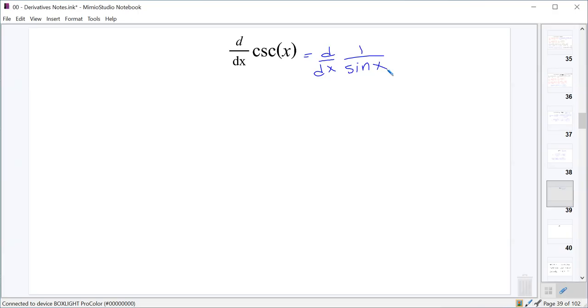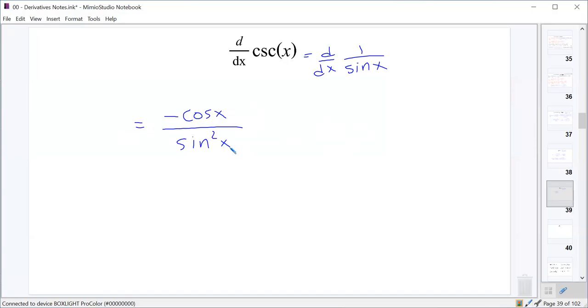And we'll follow that same rule, the reciprocal rule. So our derivative of 1 over sine x should be negative, and then derivative of the denominator, using the reciprocal rule, so negative cosine x divided by the denominator squared. Right? That's just the reciprocal rule.